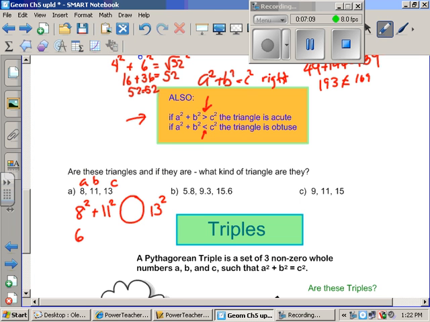So that's 64 plus 121, which is 185, and 13 squared is 169. So I know that it's greater than. So if it's greater than, that must mean that this is an acute triangle.